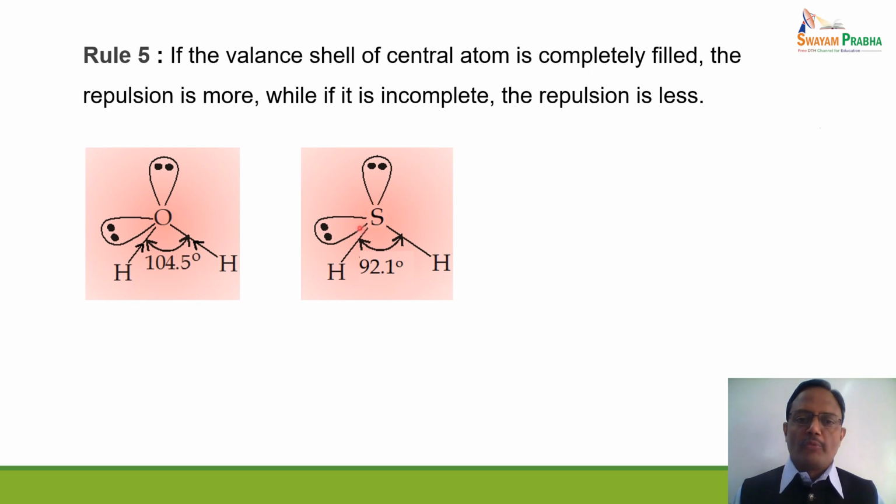But in the case of sulfur, the valence shell is the third shell, which has a capacity of 18 electrons, and as it has only 8 electrons in the valence shell, the repulsion between them will be less, and hence the bond angle will reduce to 92.1 degrees. So this reduction in the bond angle from H2O to H2S can be explained on 2 different bases: one, the electronegativity difference, and the other, the completely filled and incomplete valence shells of the sulfur atom.